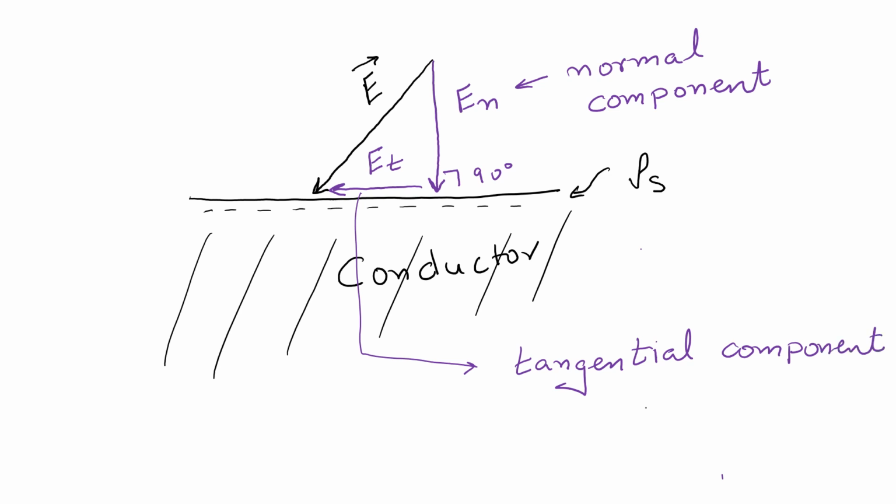Previously, we had argued that this tangential component has to be 0. Otherwise, the electrons which are present on the surface would start to move, creating an opposite induced field, and that would happen till the tangential component goes to 0.